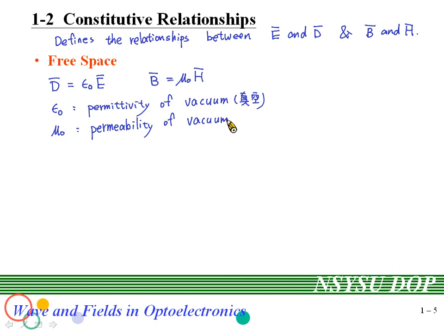I believe that you all are very familiar with these two constants, so you should know their values. We learn that epsilon 0 is the inverse of 36 pi times 10 to the power of minus 9.